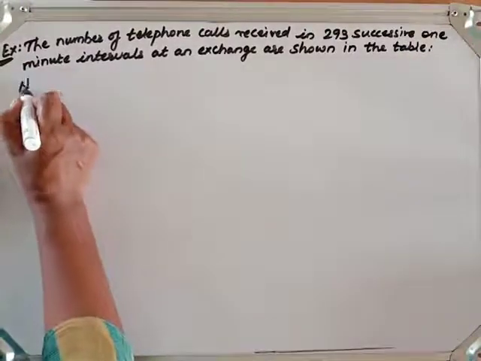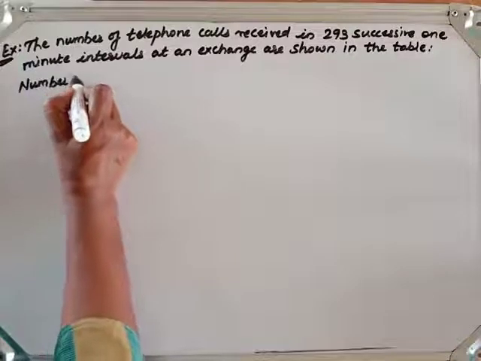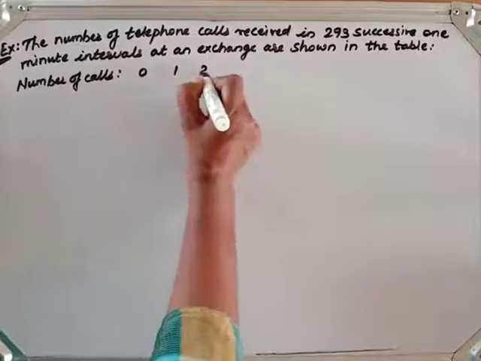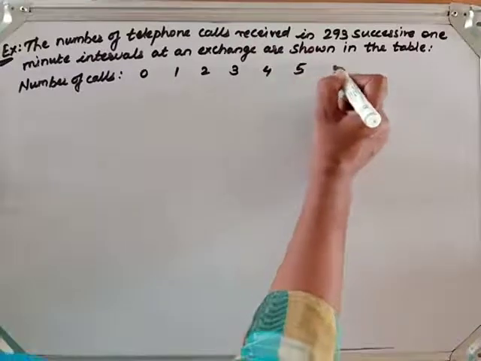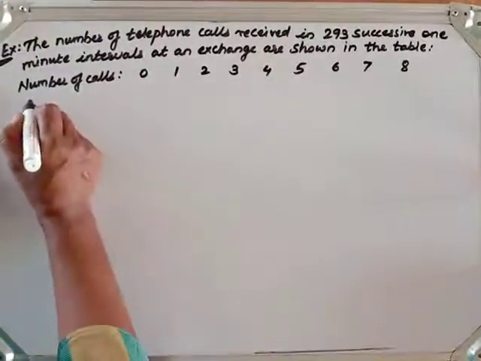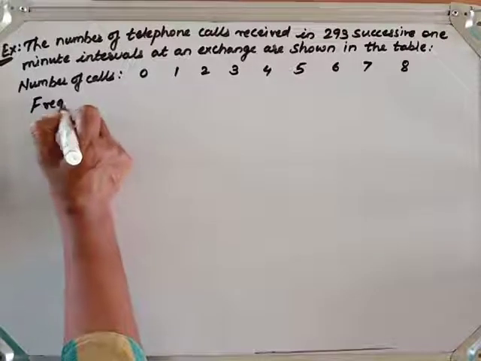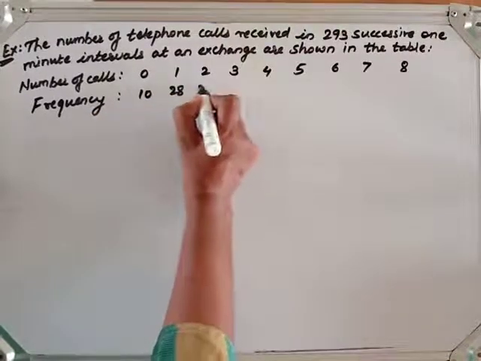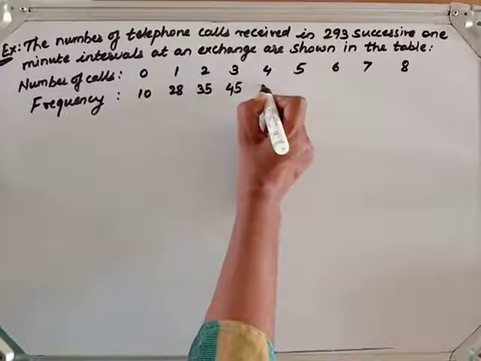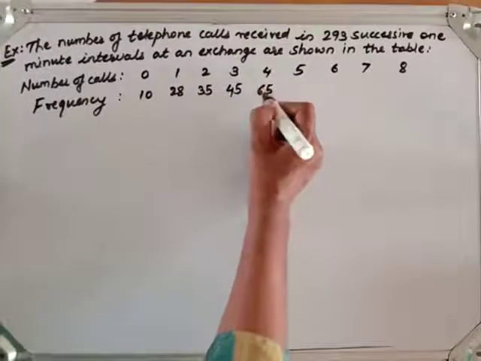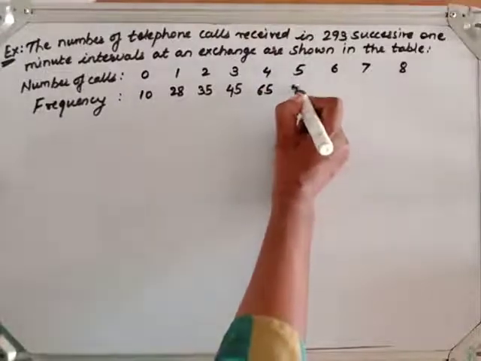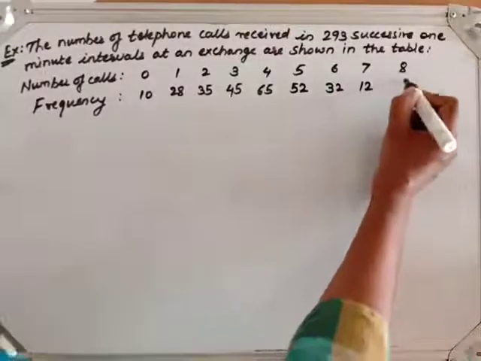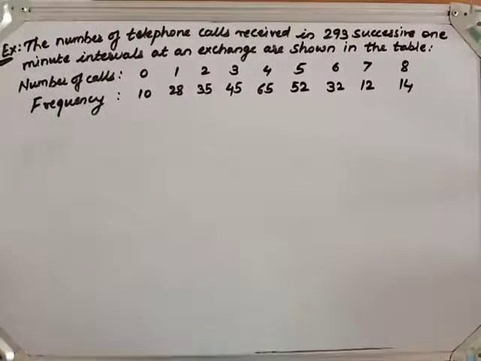The number of calls: 0, 1, 2, 3, 4, 5, 6, 7 and 8, and the frequencies: 10, 28, 35, 45, 65. Four calls are done 65 times, 5 calls are done 52 times, 6 calls are done 32 times, 7 calls are done 12 times, 8 calls are done 14 times.